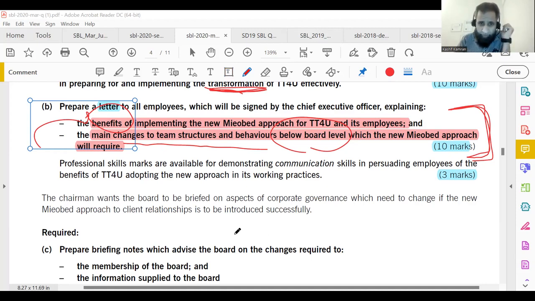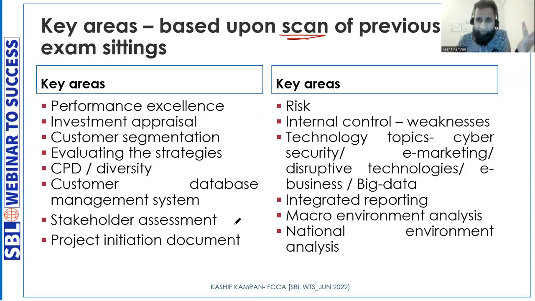So are you prepared for the challenge of finding something which is not in syllabus area A, B, C, D, E, F, but relates to the strategic business leader taking judgments and decisions? A strategic business leader cannot be prepared for everything. A good strategic business leader is the one who takes decisions in emergency situations, in dramatic situations, in abnormal situations, right? For a strategic business leader, nothing is smooth.